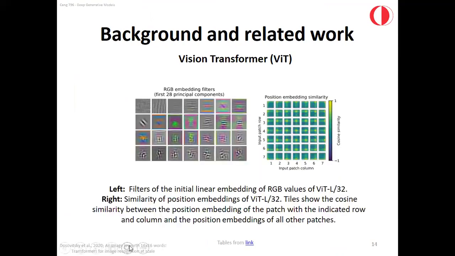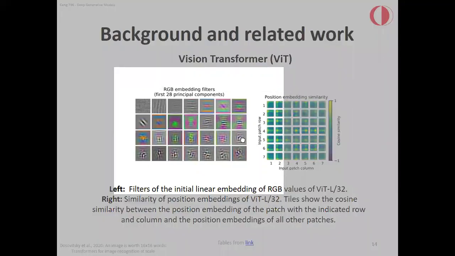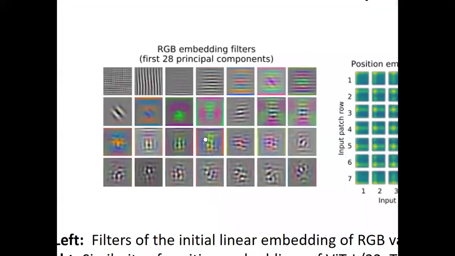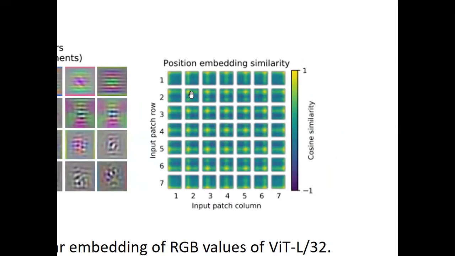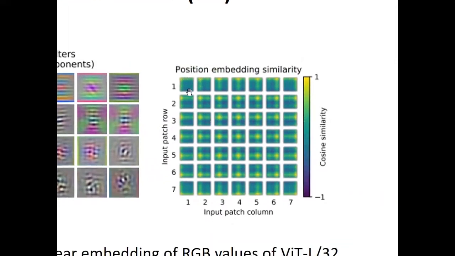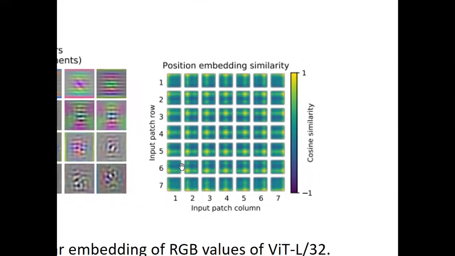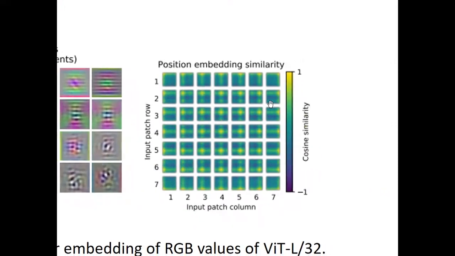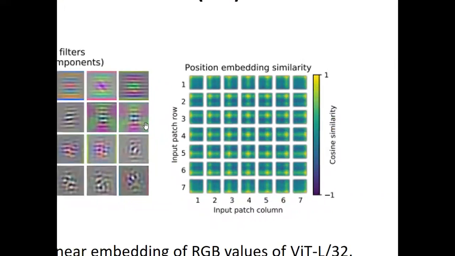So when comparing the results of vision transformers, we could see that the position embeddings are learnable, and it is something like the convolutions. In the convolutions, we slice the kernels into the image, and we could see that this shows the positions of each patch, and it shows that these patches are learnable.